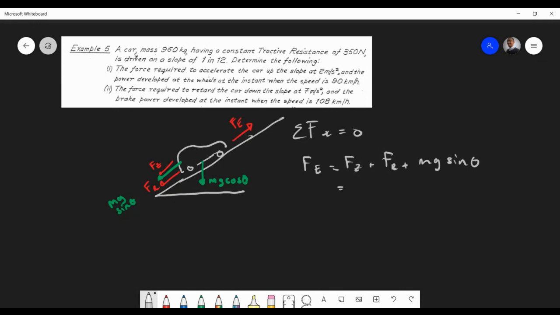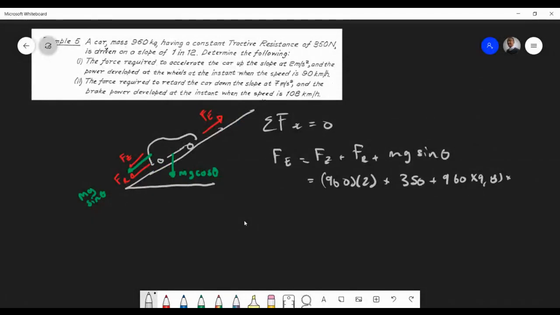Once we have this, I think we can actually solve this. We've got all the numbers. Fz is the mass, 960 kilograms, times the acceleration, that's 2. We've got Fr, the tractive resistance, which is 350 newtons total, and then we've got the mg sine theta. So here we go, 960 times 9.81, since they've given the mass, and then we multiply that by 1 over 12.